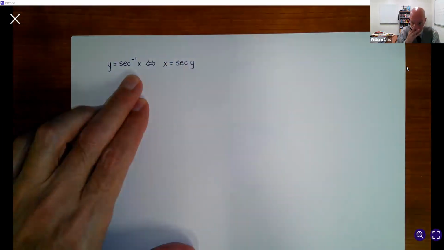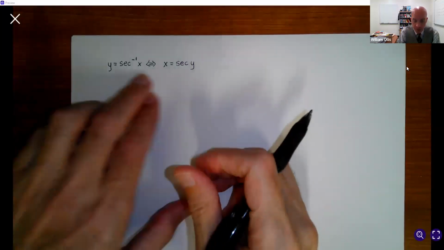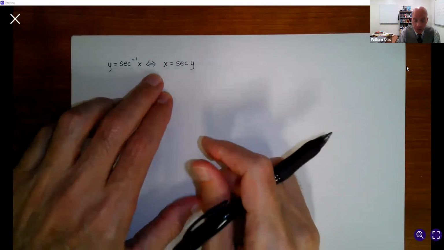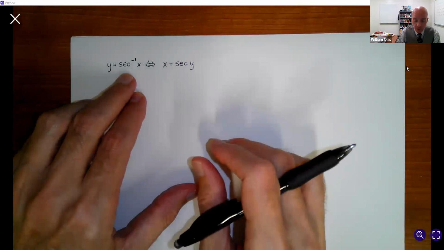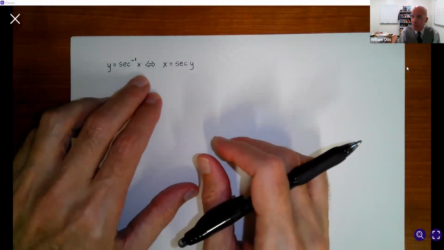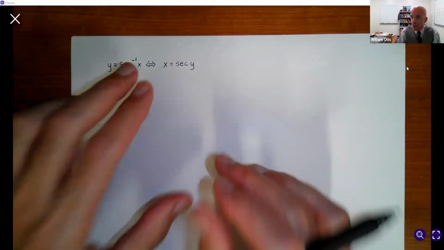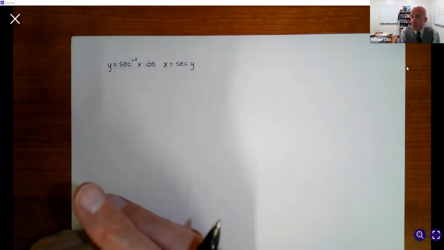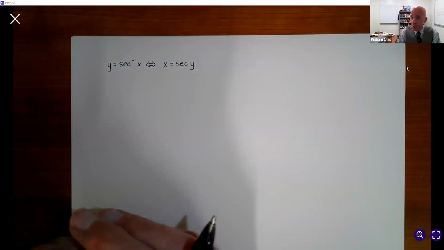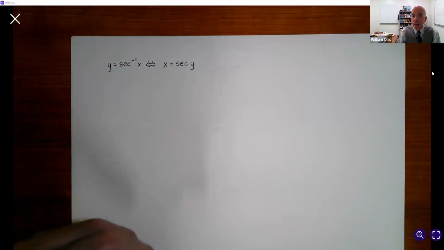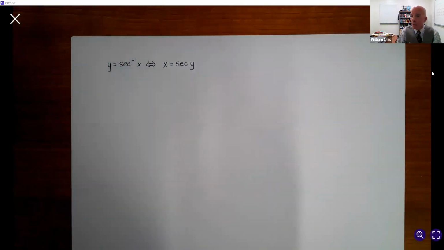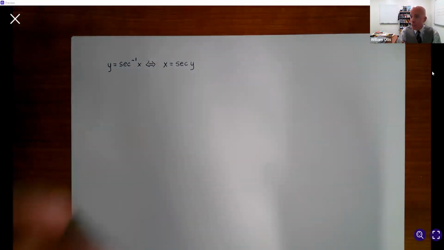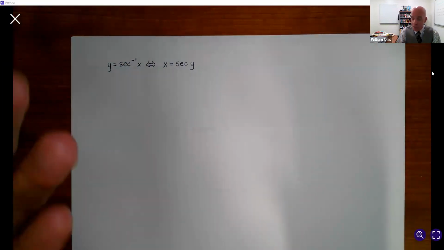Those would be the inverse equations in the sense of how we actually define the inverse secant. And then, as we compose them, they just undo each other because they're inverses, to give us the identity function.